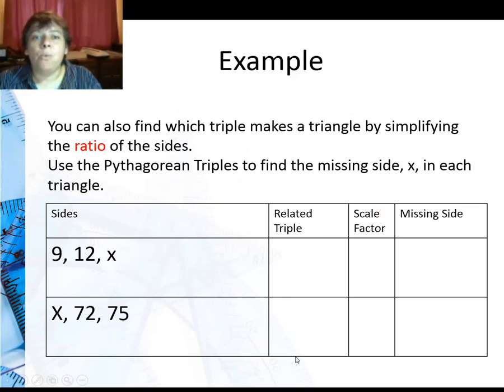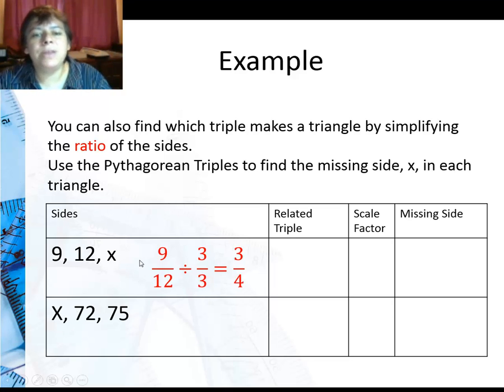Now, one thing you might be asked is, what's the original triple? So we're going to use the same thing. We're going to make a ratio of the known sides. Now, the way I have it in here, the x is in the right spot. So this is the larger side, and this one's the smaller side. I create a ratio from 9 to 12, and I simplify it, dividing by 3 over 3. 9 divided by 3 is 3. 12 divided by 3 is 4.